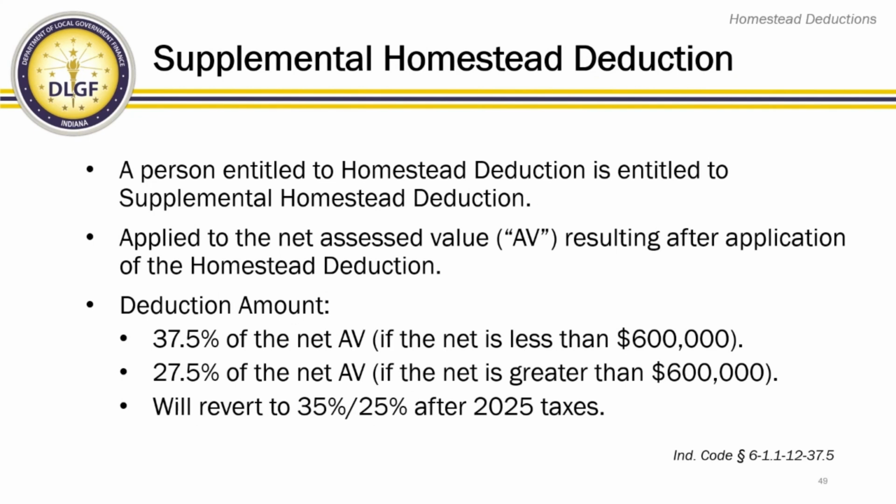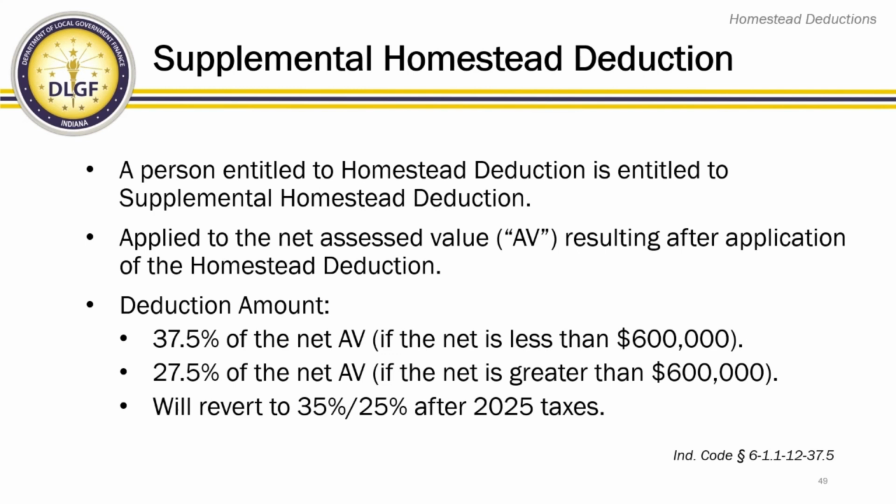For the supplemental homestead deduction, we'll just go over that quickly. This is one that kind of goes in tandem to the homestead deduction, but instead of being a flat amount of $48,000, the supplemental homestead deduction is going to be based on a percentage of net AV for property types. The two amounts listed here, the 37.5 and 27.5, were a part of a 2-year increase or graduated percentage that the supplemental homestead deduction would be based on.